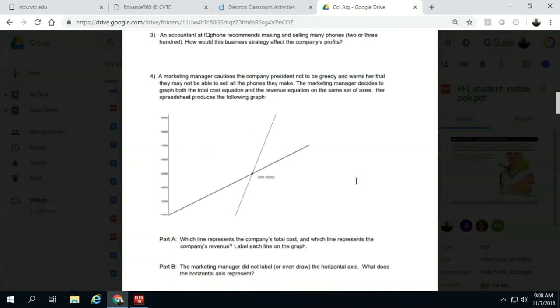A marketing manager cautions the company president not to be too greedy, warns her that they may not be able to sell all the phones they make. Well, that's a good point. The marketing manager decides to graph both the total production costs and the revenue on the same set of axes, and this is what she got.